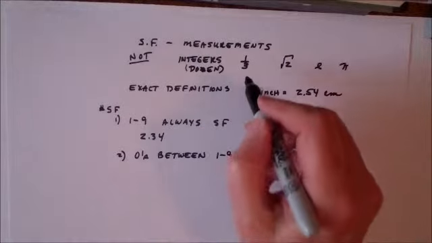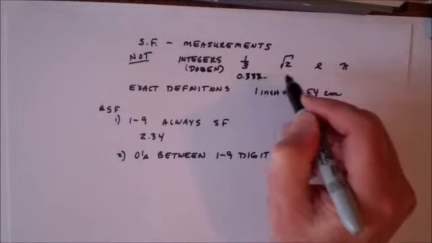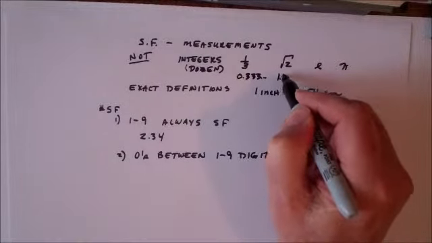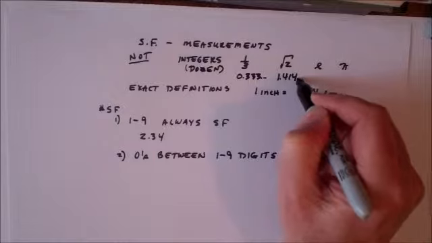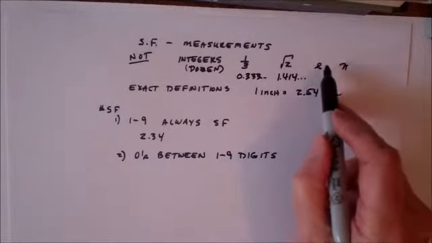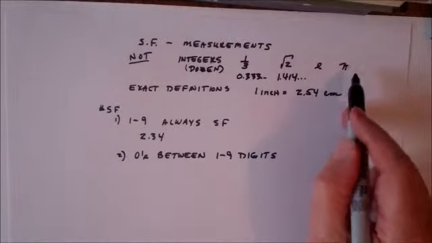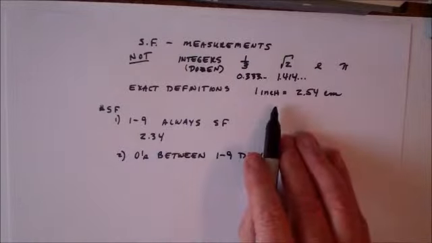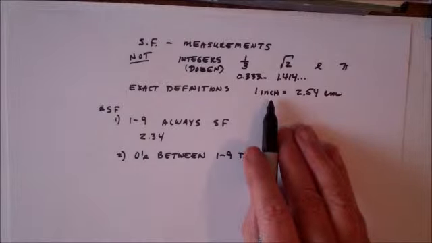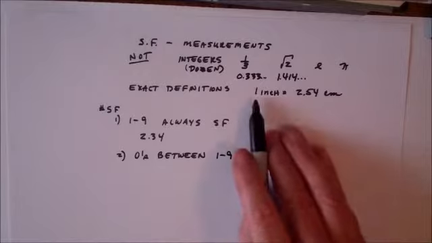Numbers like 1/3, which can be represented to as many decimal places as necessary, or the square root of 2, can also be calculated to essentially an infinite number of decimal places, as can the transcendental numbers like e or pi. Exact definitions. For instance, 1 inch is exactly 2.54 centimeters.